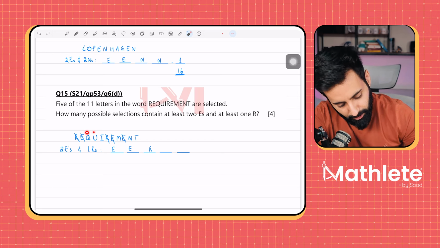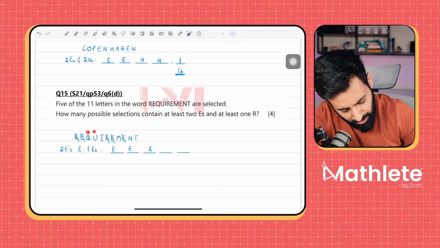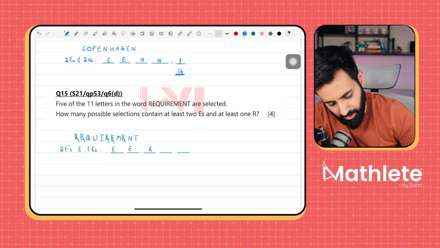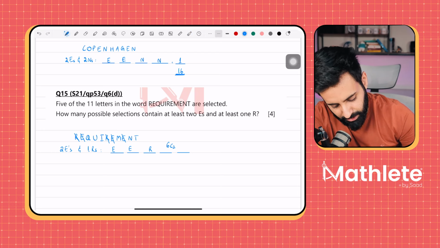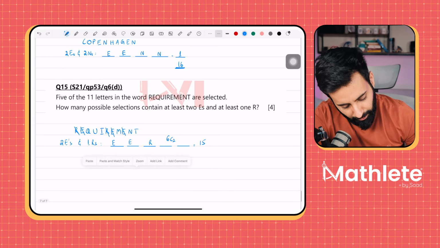We are left with 1, 2, 3, 4, 5, 6. Let's make sure of that: Q, U, I, M, N, T. So they're all unique. And we have to select how many? We have to select 2. So 6C2, which is equal to 15.